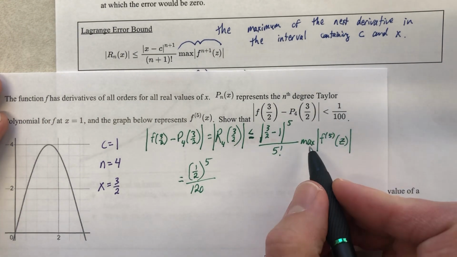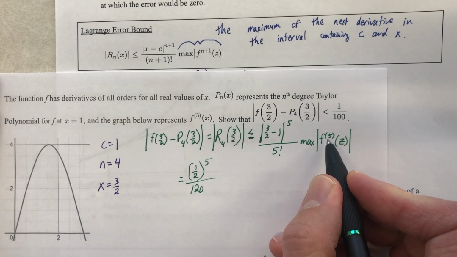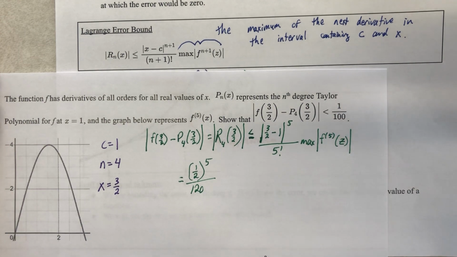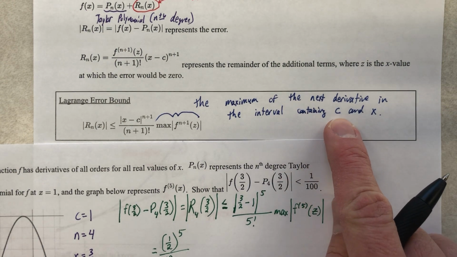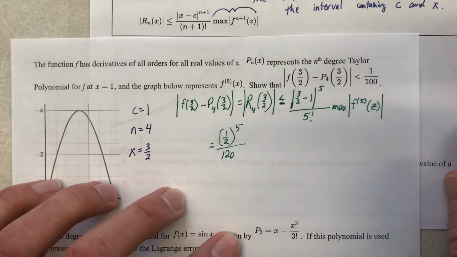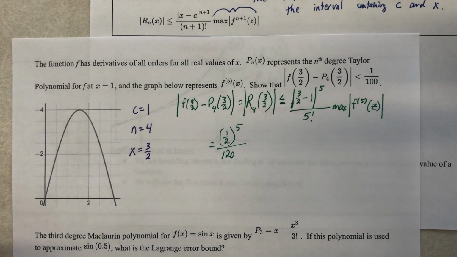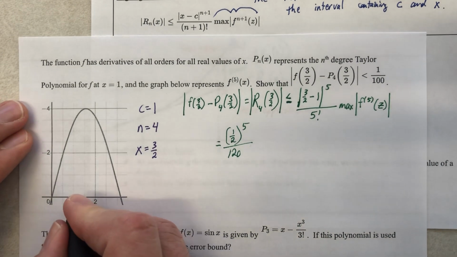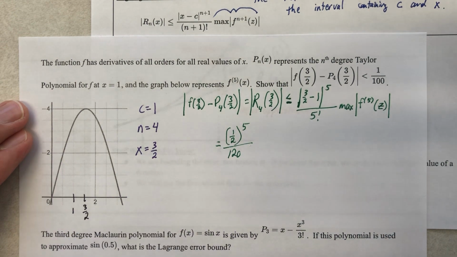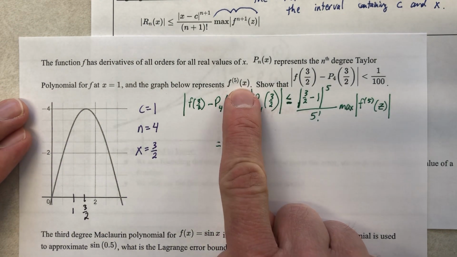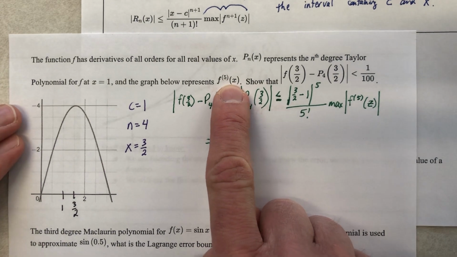And then the maximum thing the fifth derivative could be on the interval containing c and x. So from 1 to 1.5, what's the biggest thing that the fifth derivative could be? That's what this graph is, right?